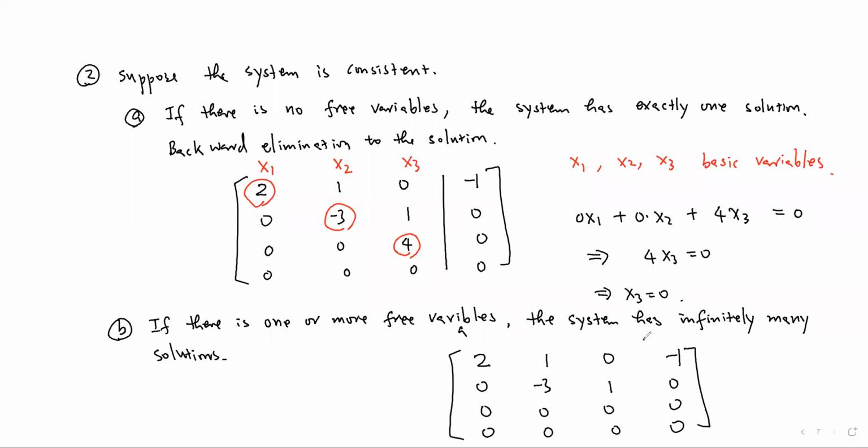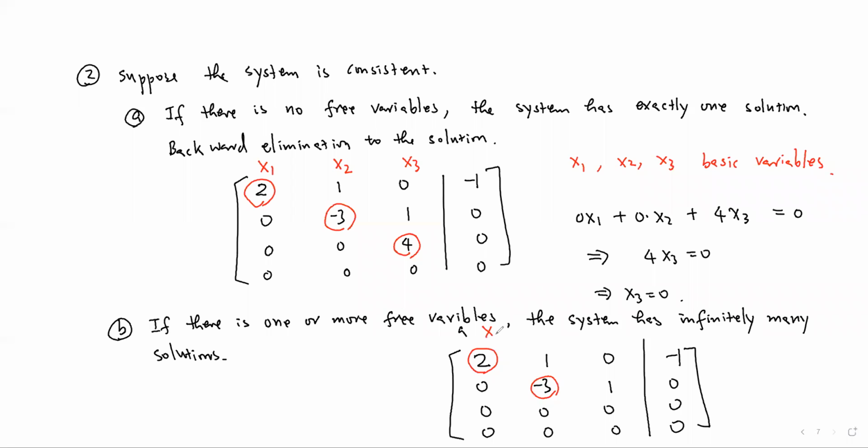Last column, right hand side. Okay, for this matrix, this position is a pivot position, this position is a pivot position. Row 3 is 0. Row 3, leading entry. Row 4, leading entry. So first column, second column, pick the columns.